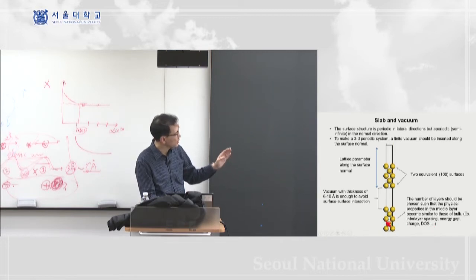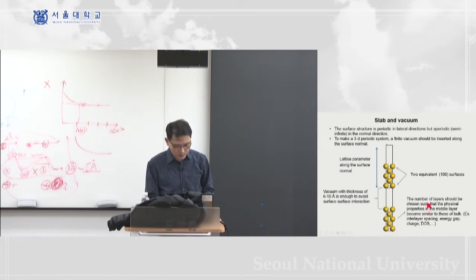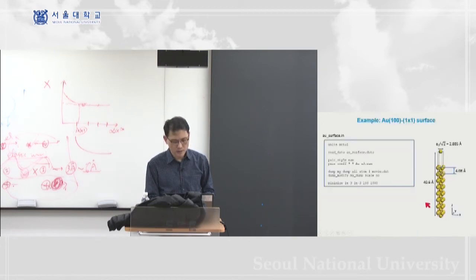In that case, we can say that this slab fairly well represents the real surface and semi-infinite bulk. And the vacuum should be big enough to avoid any interaction between the two slabs. So that is how we can make the 3D model of the surface.